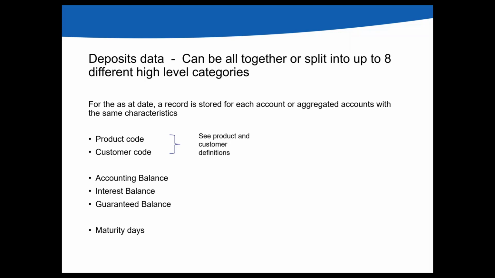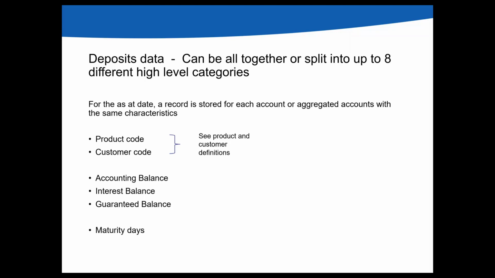In terms of the account level detail, we need the balance, both the amount that's owed and the interest balance, as well as the amount of that balance that is guaranteed. So from the core system, there usually has to be some sort of transformation. This will be done more automatically for you in our new Middle Office Plus product, but at the moment with ALMIS, that has to be done from your core system to determine from all the account balances how much of that is guaranteed.